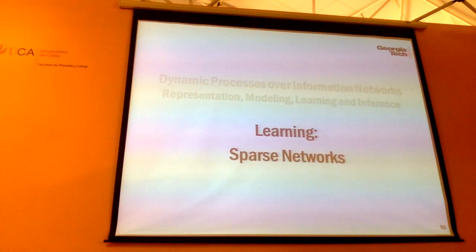Then you can compose and add these intensities together to generate more complicated intensity functions. You use them for modeling information diffusion, the evolution of networks, and also the collective dynamics of a bunch of users purchasing a bunch of products. Of course, all these models have parameters in them, not just one parameter, maybe a collection of parameters.